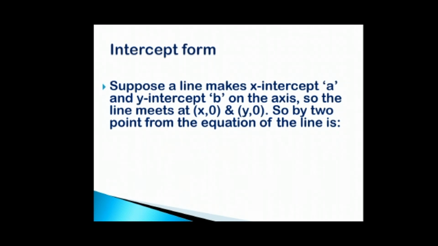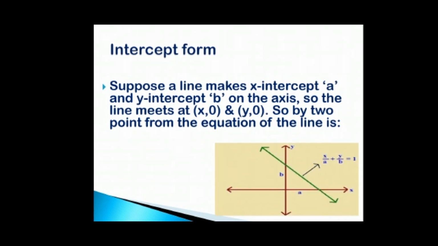Suppose the line makes x-intercept a and y-intercept b on the axis, so that the line meets at x0 and y0. So by 2-point form, the equation of the line is x upon a plus y upon b is equal to 1. This equation x upon a plus y upon b, where a and b are the intercepts on x and y axis respectively, is called as intercept form.